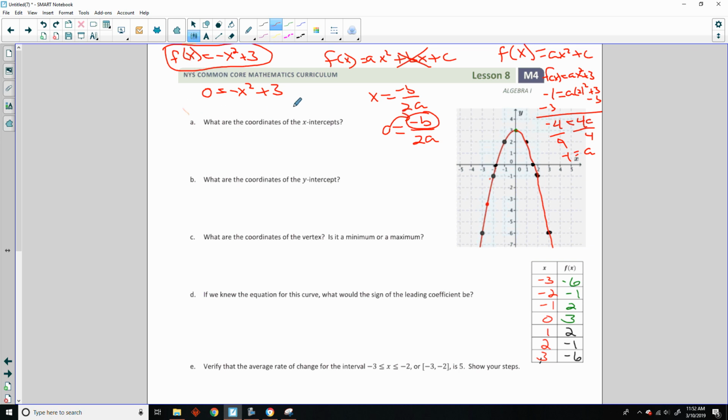I don't want to confuse you. Subtract 3 from both sides. We're solving for x. Negative 3 equals negative x squared. So if negative 3 equals negative x squared, then x squared equals 3. Take the square root of both sides, and we get x equals plus or minus the square root of 3.